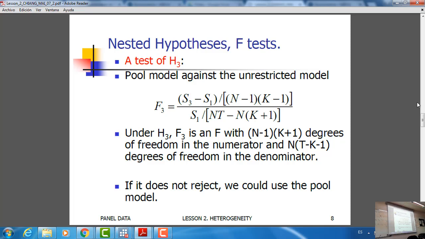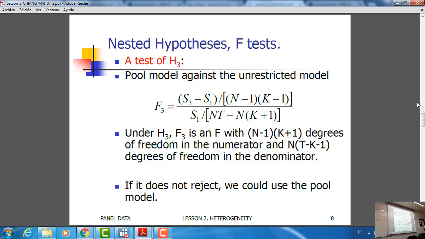The average difference in sum of squared residuals compared to the variance of the unrestricted model. That is always the same. Do you have any question with this? Now, if it does not reject, we could use the pooled model. Pooled means only one constant and k slopes.